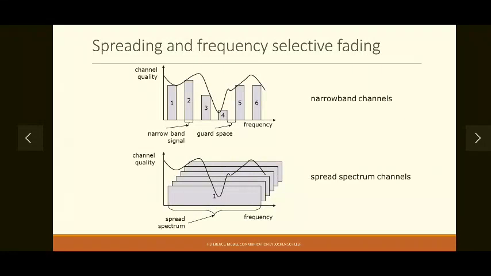So, first of all, let's recall what are the advantages of spreading the signal into a larger bandwidth. Here, we are shown two diagrams. The first diagram is of signal transmission without spreading the signal, and the second after using the spread spectrum technique.